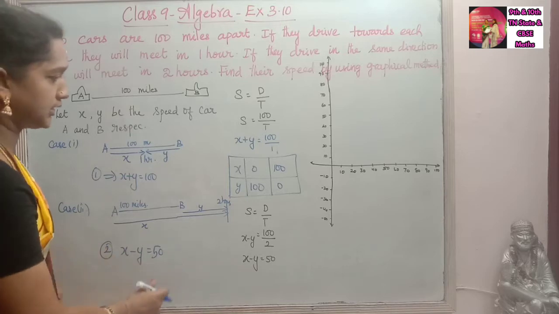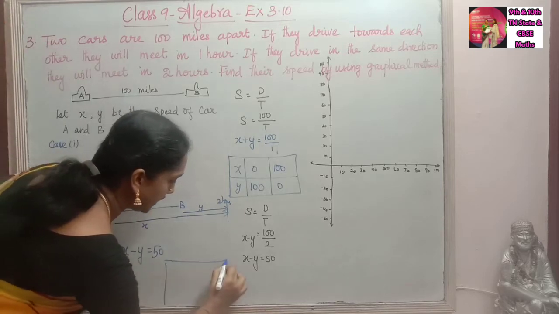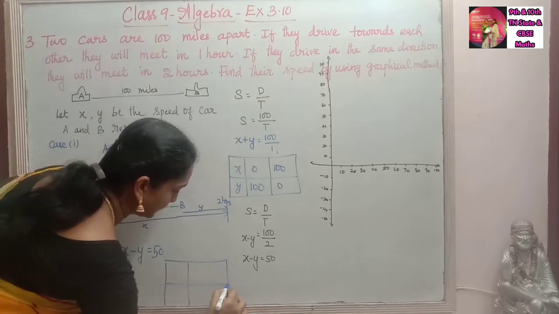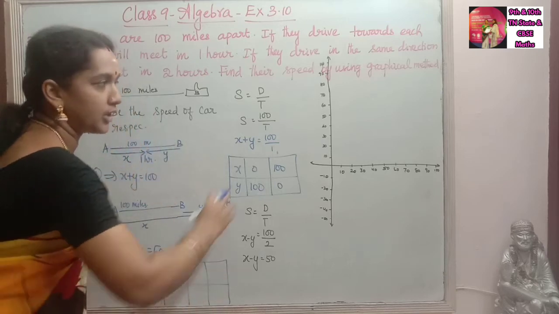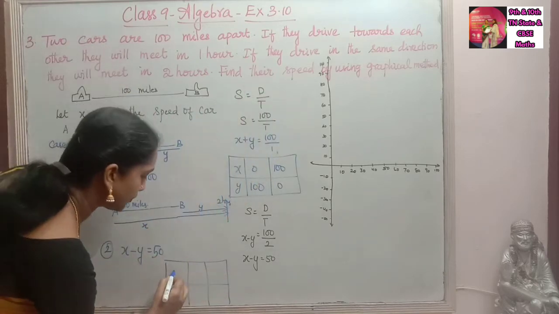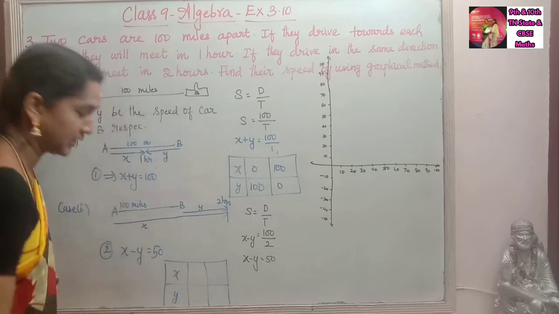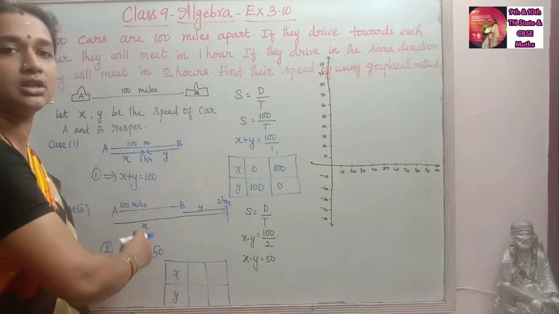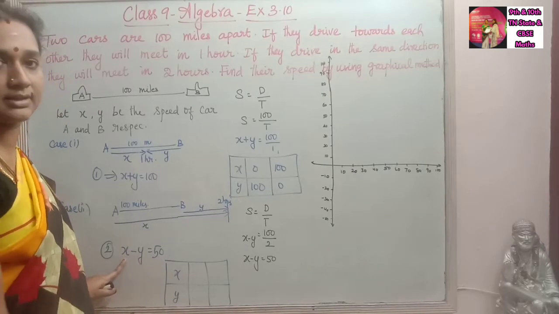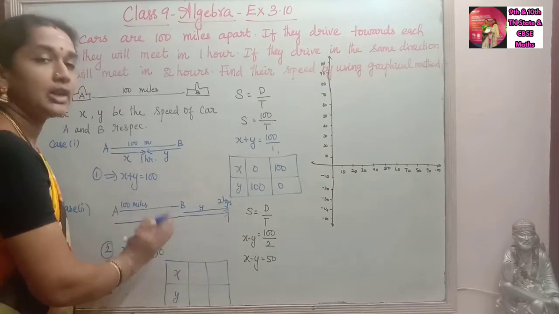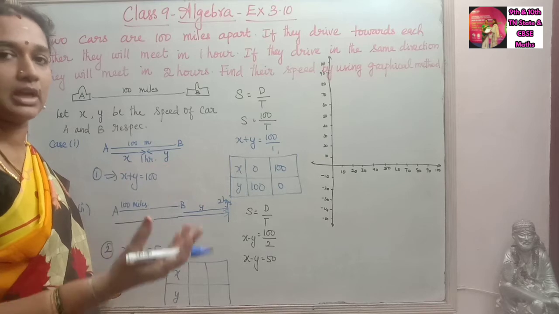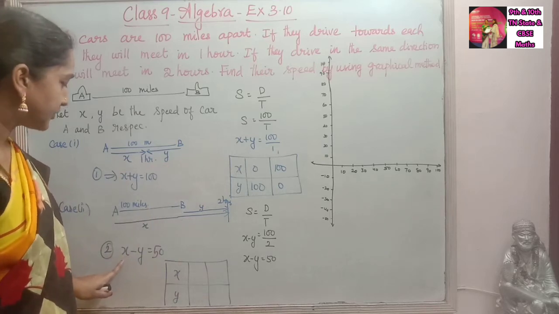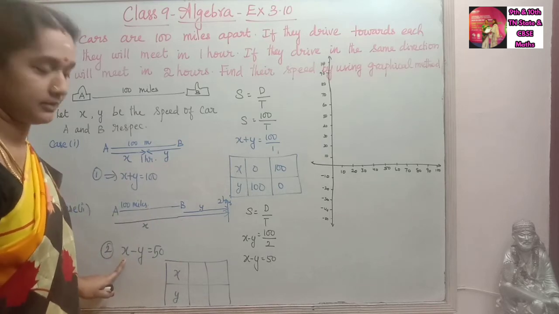Okay. So for this also we need to make the tabular column, then only the points can be plotted. So first X and Y. If we take X as 100 here, since it is simple calculation, I am not doing the calculation here, since only whole numbers or big numbers are there.